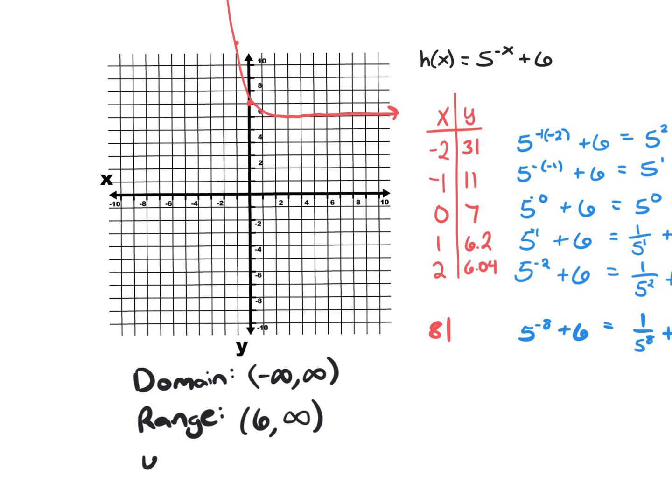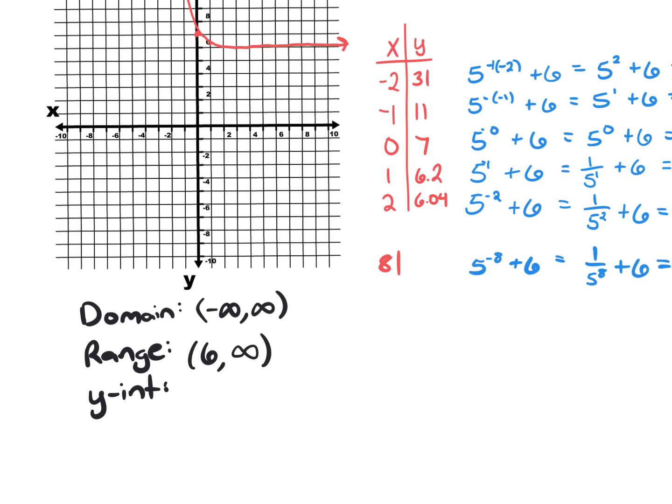And then y-intercept. Now, we can get it from the graph or our xy table. What is the y-intercept? 0, 7. And then last thing, asymptote. How do we write that? 6. Right, can I just say 6? No. That doesn't make sense, right? So it's a line.